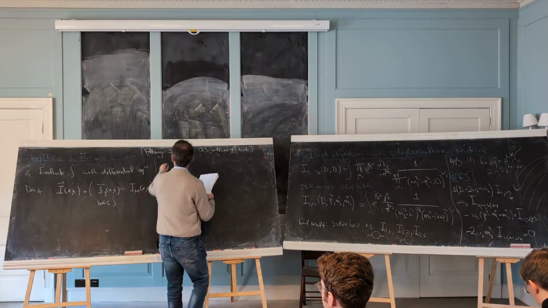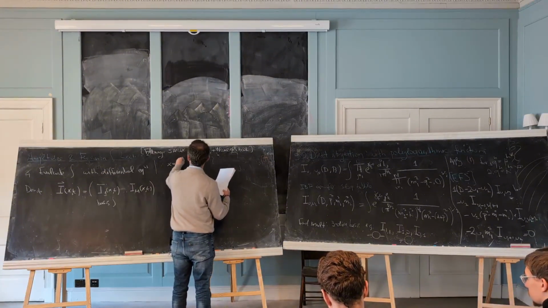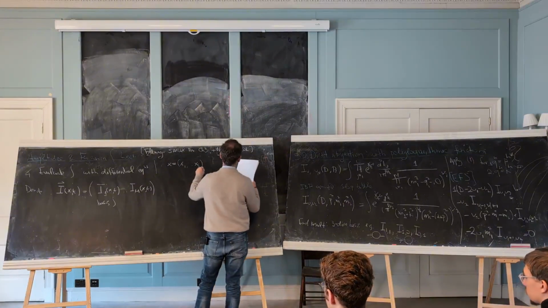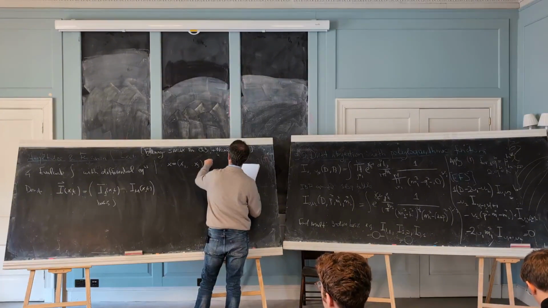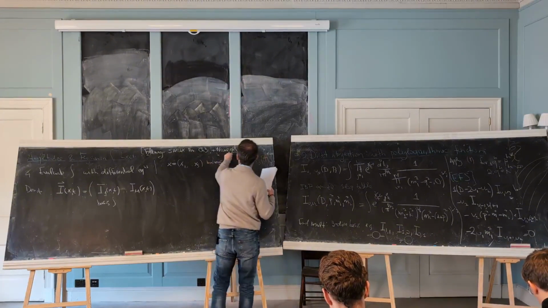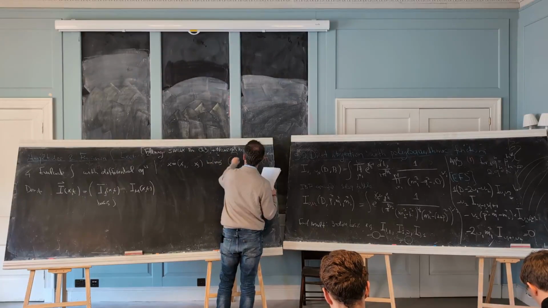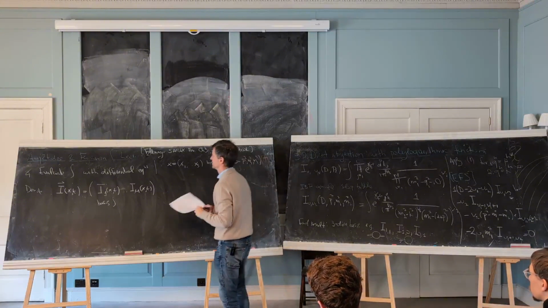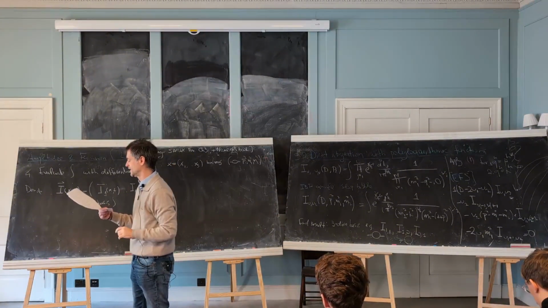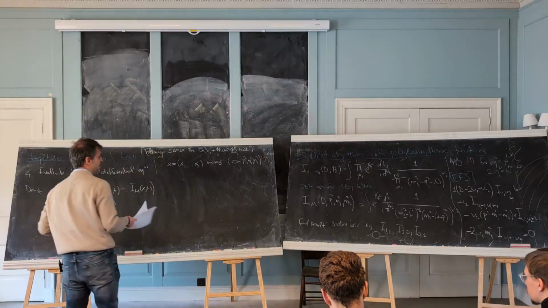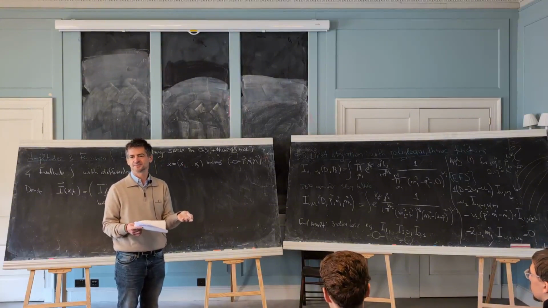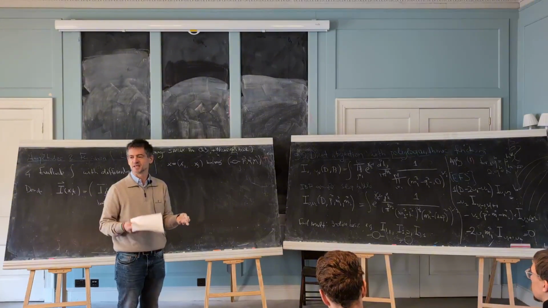And we also have x to be a multi-index, so it's x1 to xs, the kinematic variables. In our previous example, for the bubble, these were p square, m1 square, m2 square. So s would be 3 in this example, just to set up some more general notation. And then the fact that we have a basis means that if we differentiate these integrals, we can re-express them in terms of our basis.